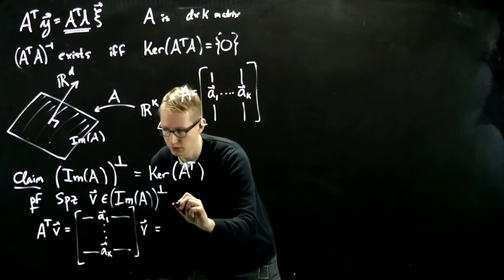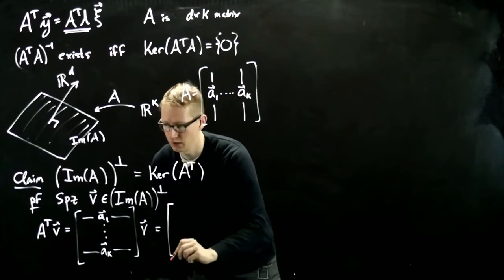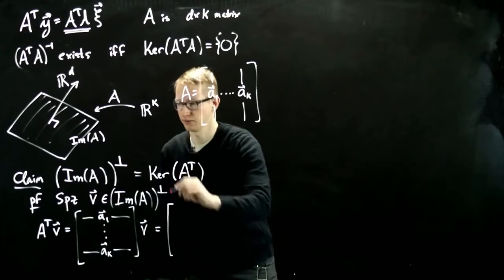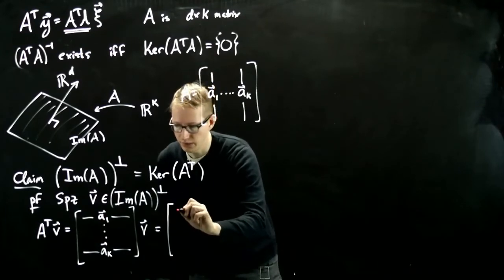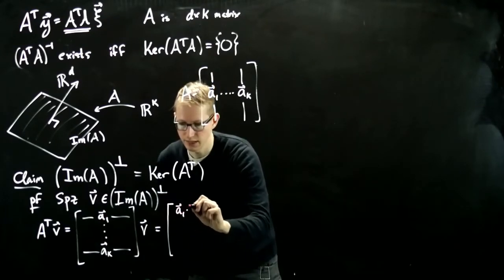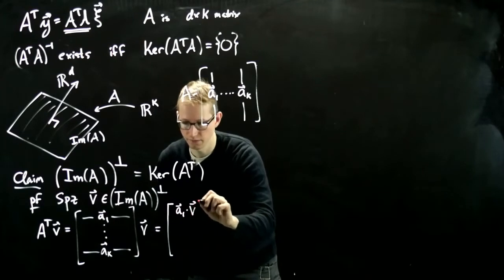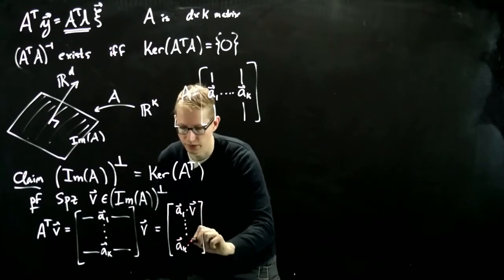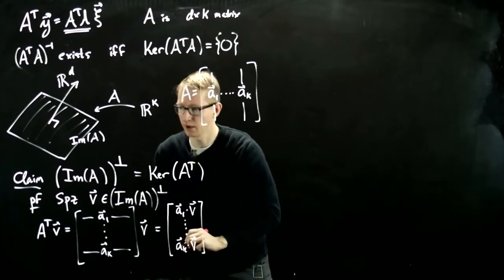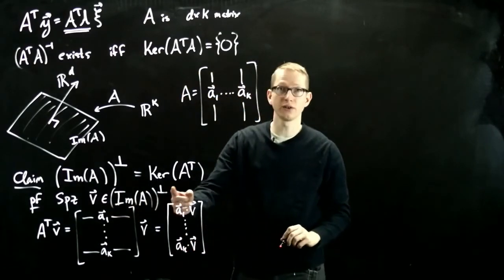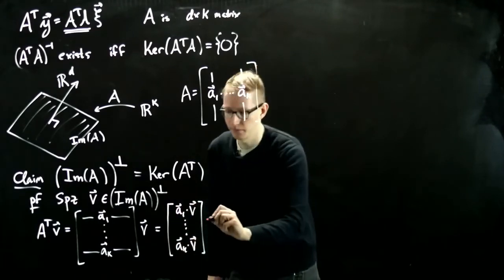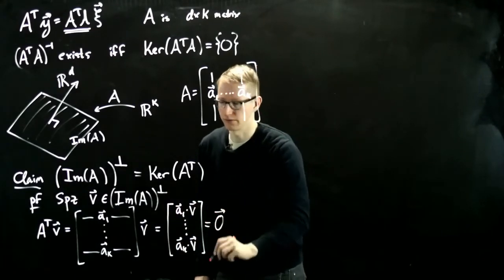So this equals another vector, and it's a vector in Rk. And what we get is A1 dot product with V as the first entry, all the way down to AK dot product with V. But if V is in the orthogonal complement of A, then it has to be that all of these dot products are 0. So this is actually the 0 vector.